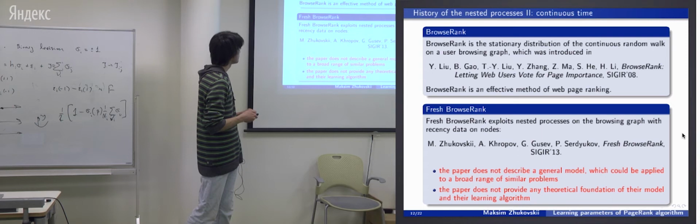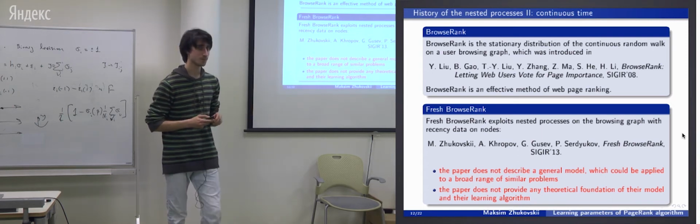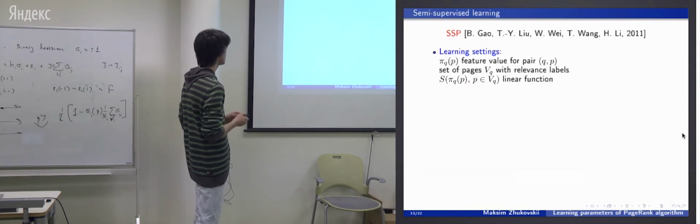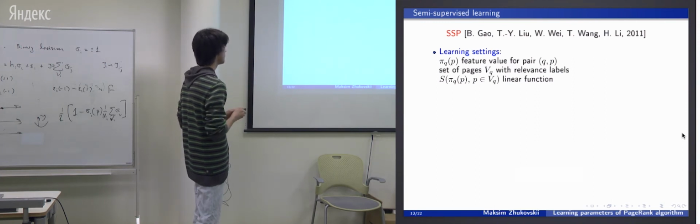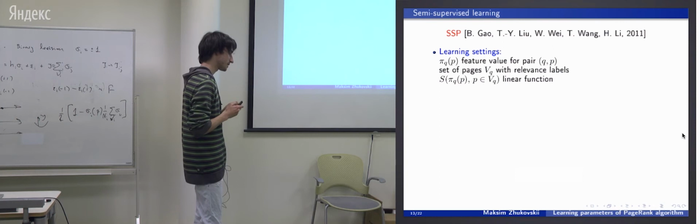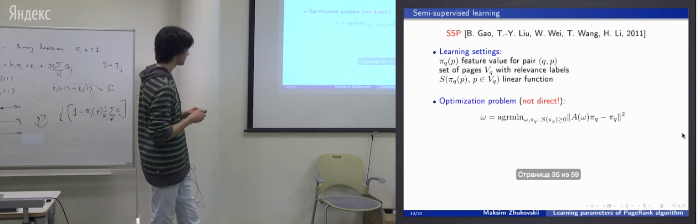So now let me tell about our best learning algorithm. I'll start from the semi-supervised learning from this paper, and the optimization problem that was considered by the authors was not direct.